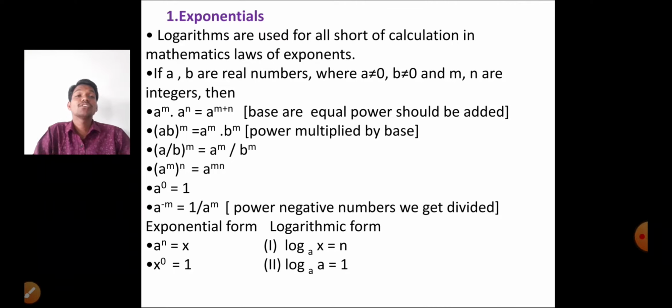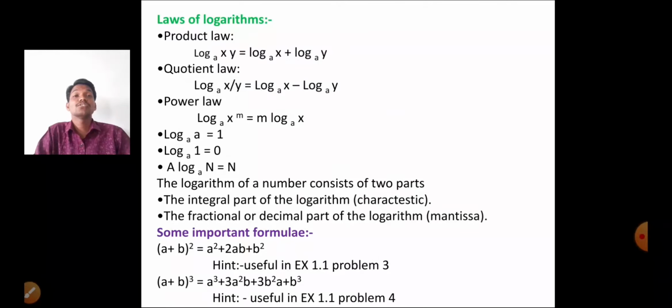The exponential and logarithm forms: a to the power of n equals x means log base a of x equals n. x to the power of 0 equals 1, and log base a of a equals 1. The laws of logarithms. The product law: log a of xy equals log a x plus log a y.